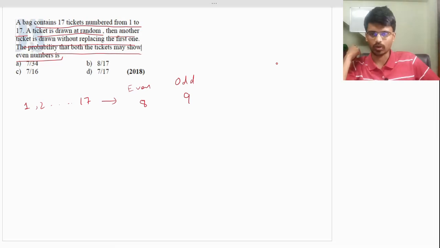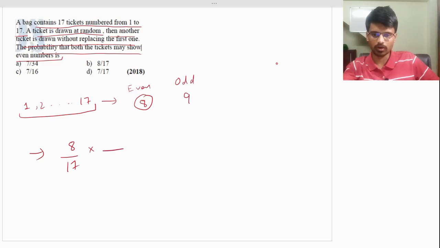So when I am drawing my first card, there are 8 even cards in 17 cards. The probability that the first card is even is 8 by 17. What is the probability that the second card is even? Because one card I have already drawn and it is even, now the number of cards is reduced to 16, and the number of even cards is also reduced by 1, that is 7.